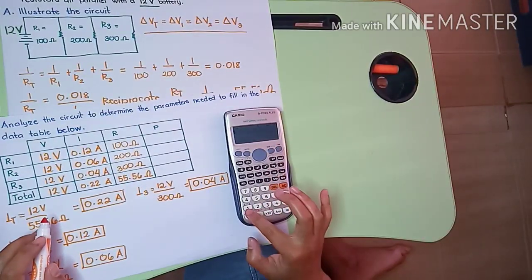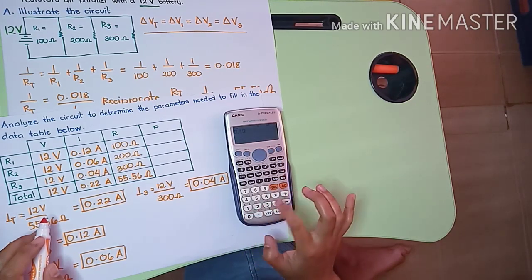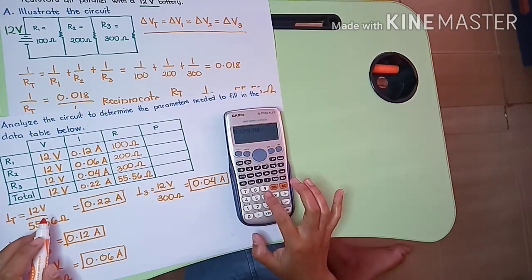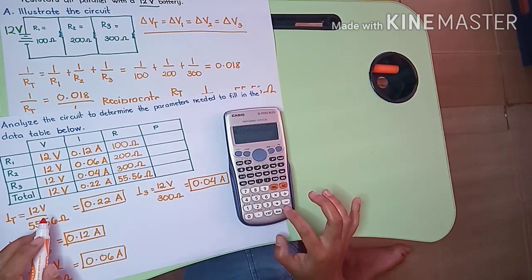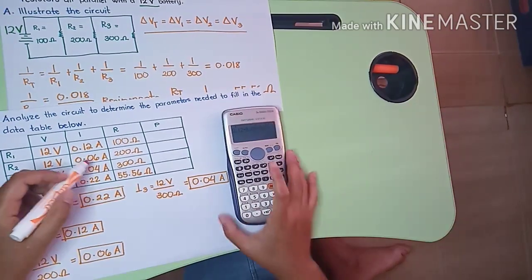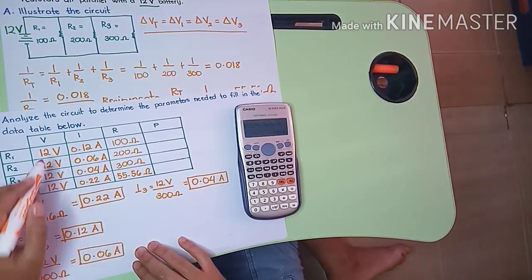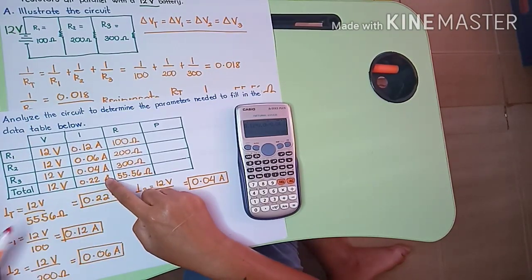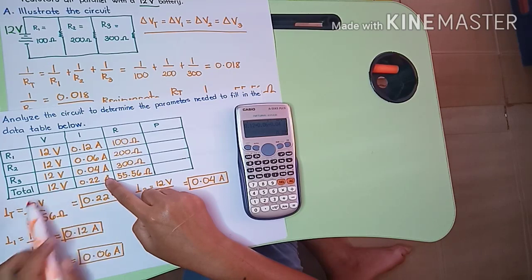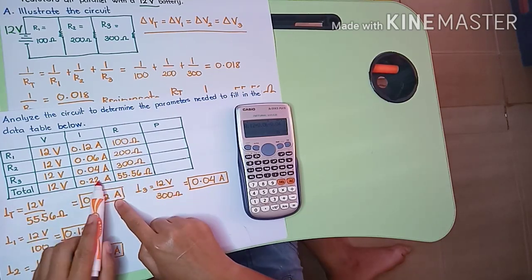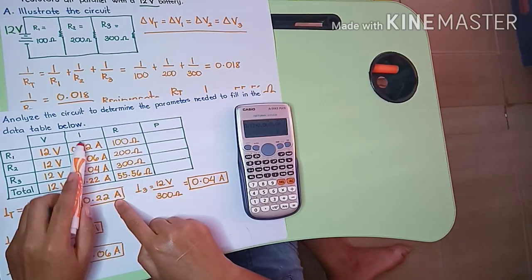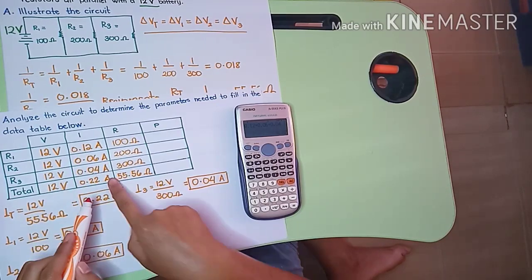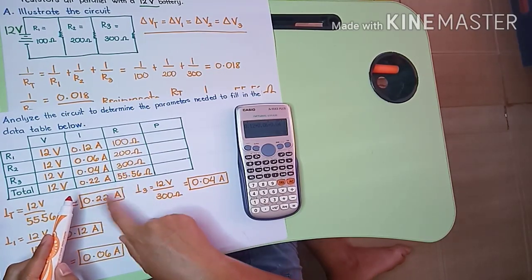Now we check that we arrived at the correct answer for the current of R1, R2, and R3. We will add up the three, which is 0.12 amps, 0.06 amps, and 0.04 amps. If the answer is equal to 0.22, then we arrived at the correct answer.